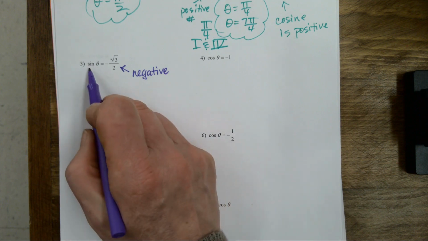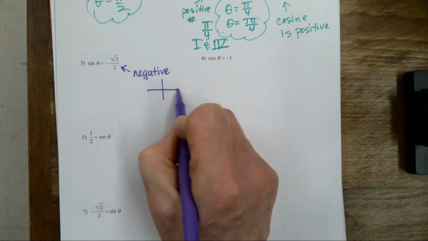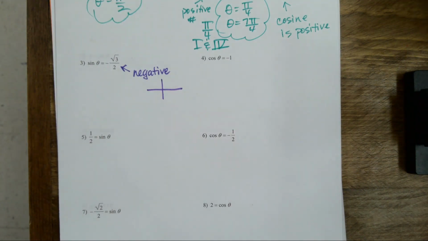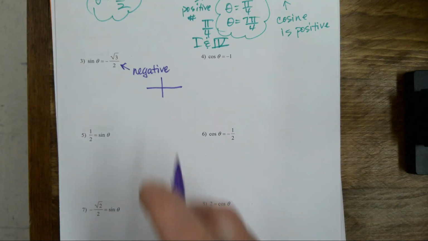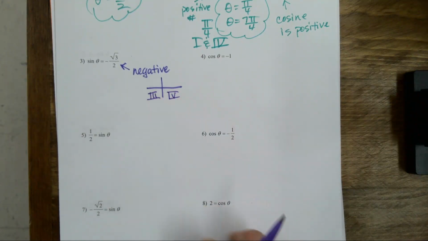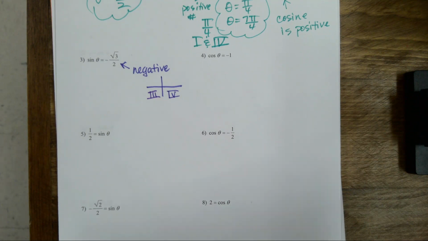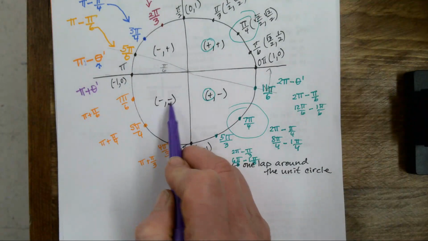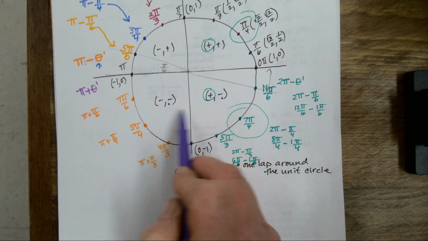I'm interested in sine. In which quadrants is the sine negative? Definitely 3 and 4. If I look back at my picture, sine negative, definitely third and fourth quadrant.